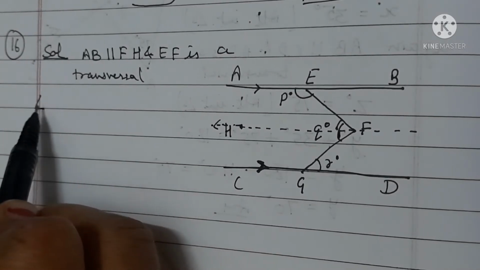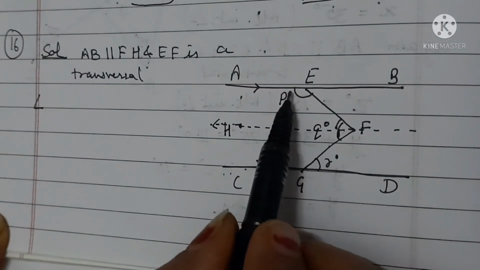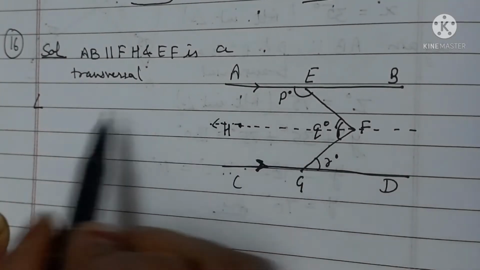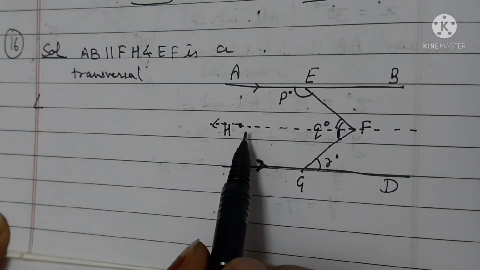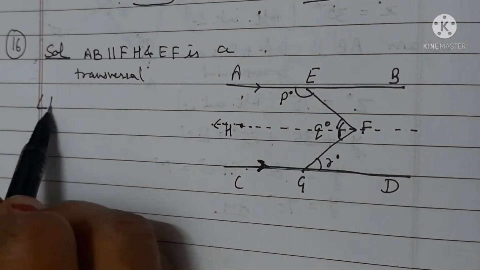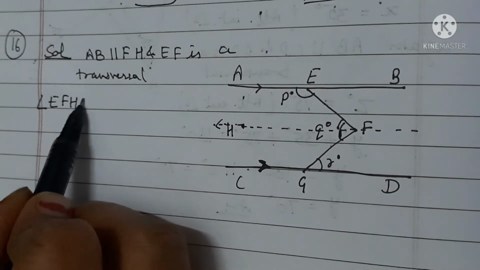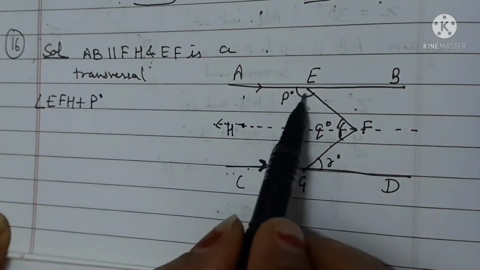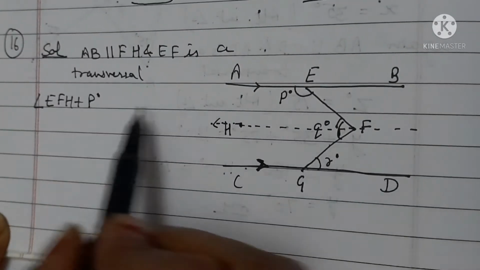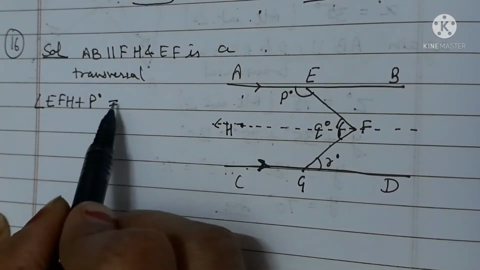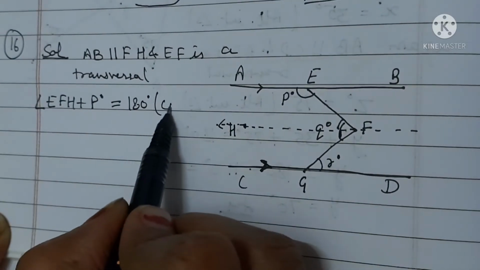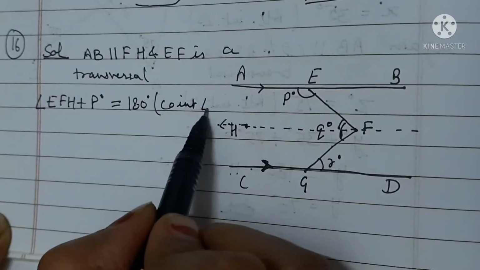Here angle AEF is given, so you can directly write P degrees, and for this angle EFH plus angle AEF, which is P degrees, you can write it in this form, is equal to 180 degrees, and the reason is co-interior angles.